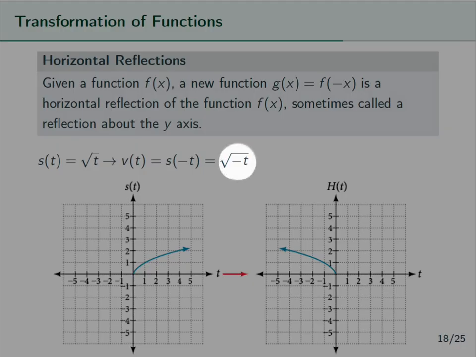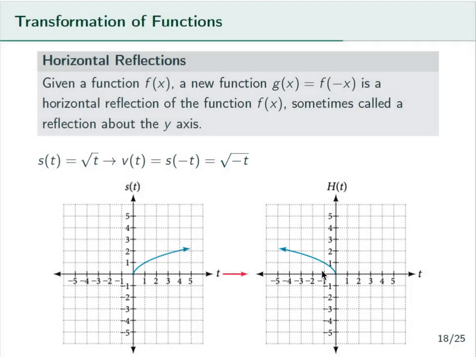What does square root of -t look like? This is the graph of square root of -t. You can think of the vertical axis right here, and we reflect horizontally like this. You might wonder, how can we have a negative sign under the square root? This is okay, and this is why it reflected. It's okay to plug in -4 now, because -4 gives me +4.